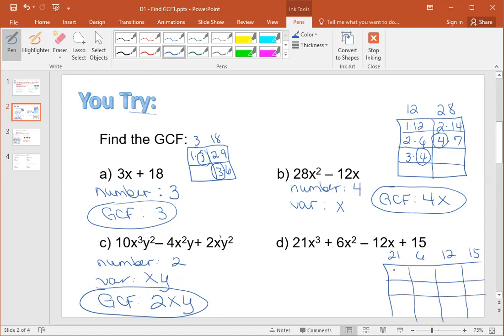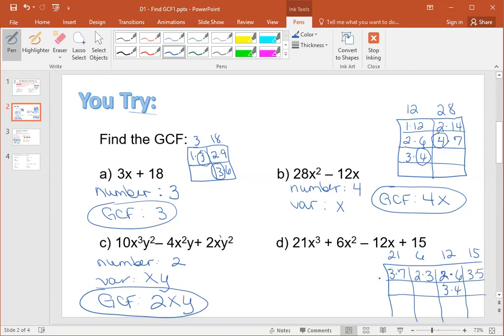So 21, 2 doesn't work, but 7 does. 3 times 7. That's really all you've got for 21. 6 is just 2 times 3. 12, whoops, 2 times 6 and 3 times 4. 15 is really just 3 times 5.